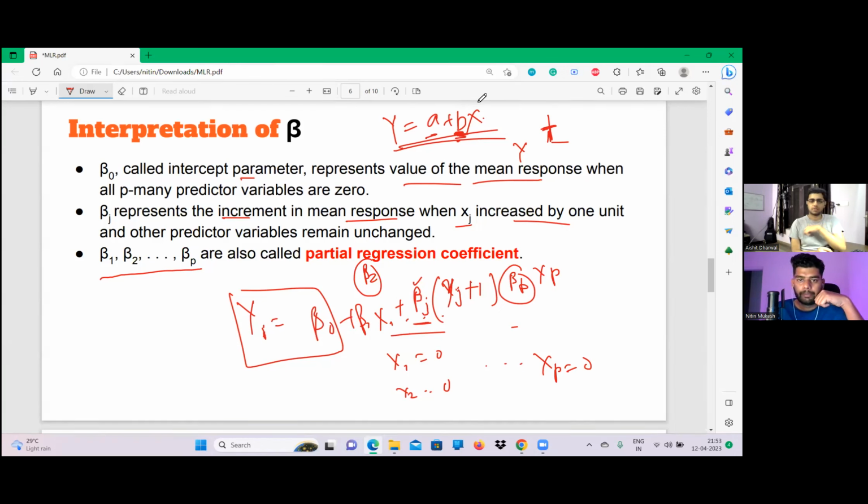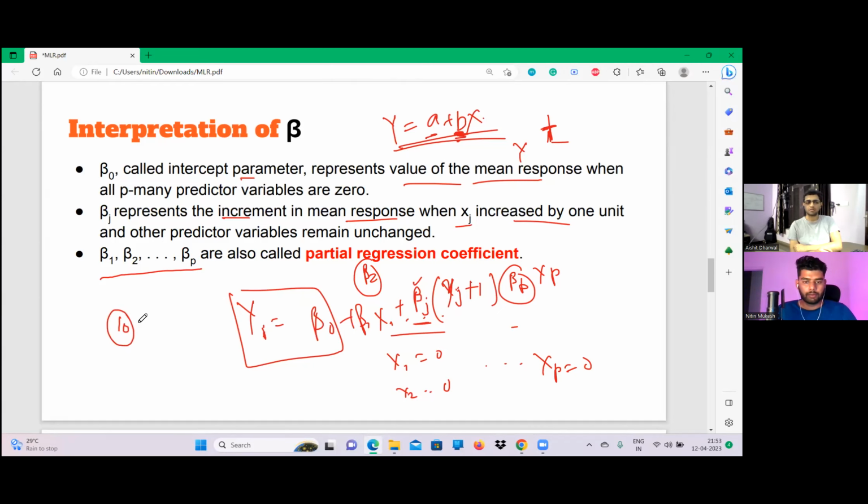So if someone wants to understand it in the language of calculus, you can consider a multidimensional space, and let's say you have 10 features. You can consider a 10-dimensional space, and you can consider beta 1 to be the slope of the hyperplane in the direction of x1.